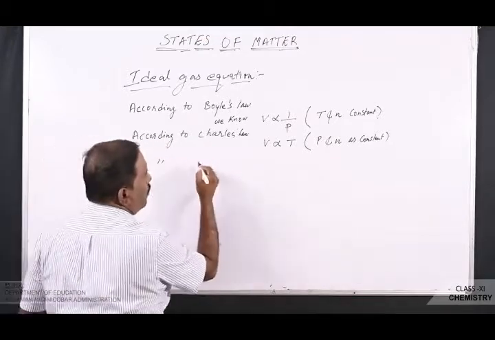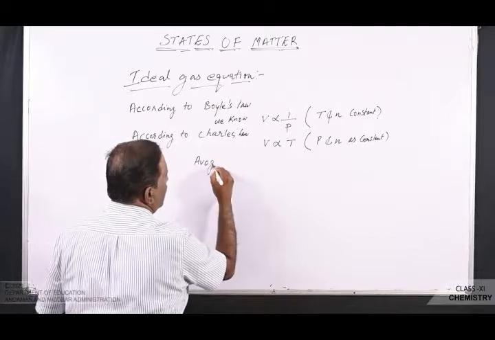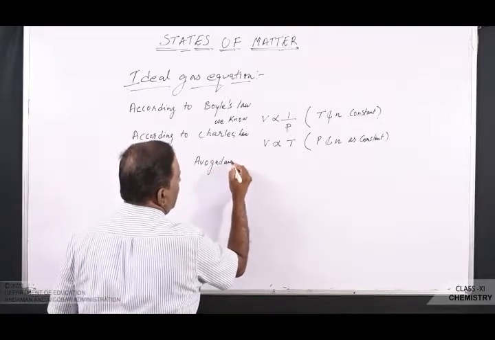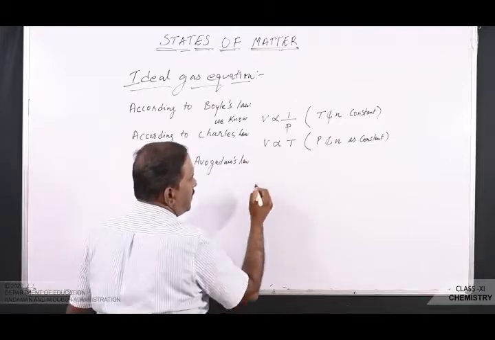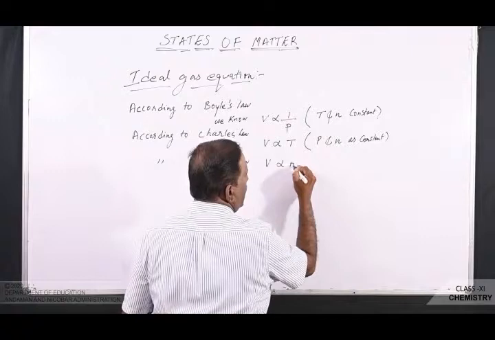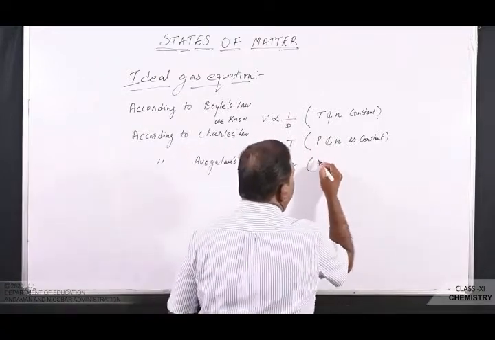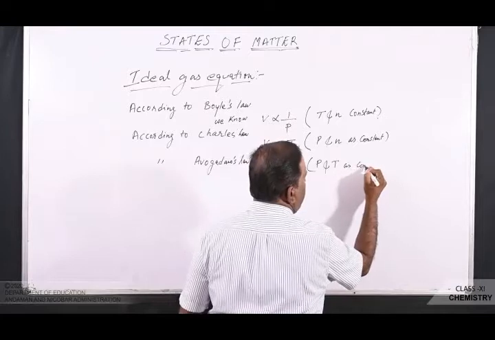Now, Avogadro's law: we get V is directly proportional to n, keeping P and T constant.